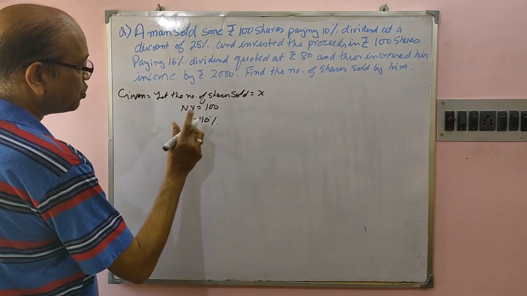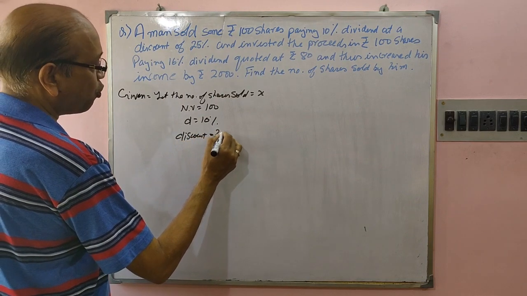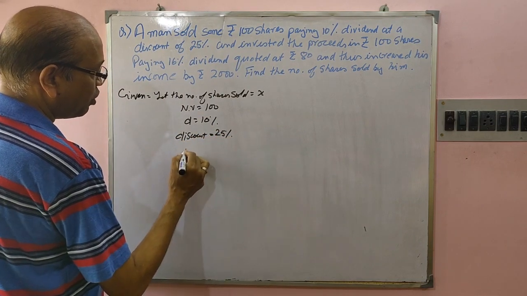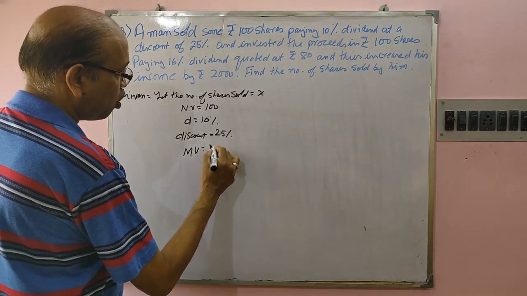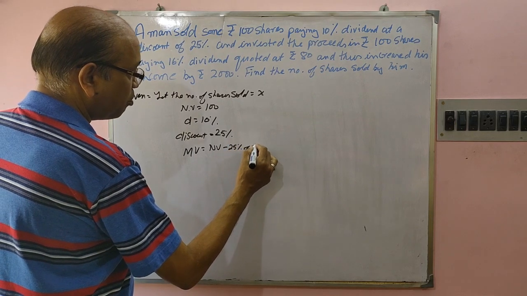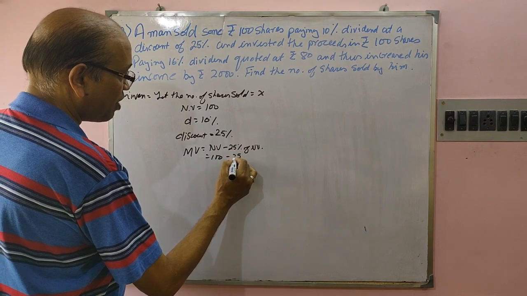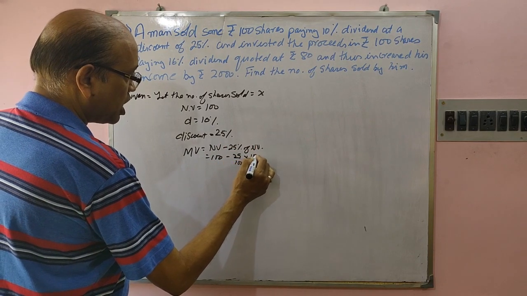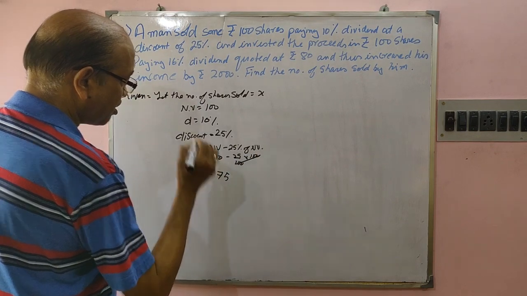Discount is 25%. Therefore, we can also find out the market value. Market value is nominal value minus 25% of nominal value, because it's a discount. Therefore, it is 100 minus 25 by 100 into 100. So it is 75. Market value is 75.